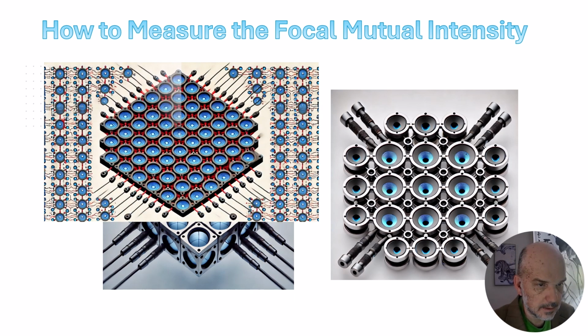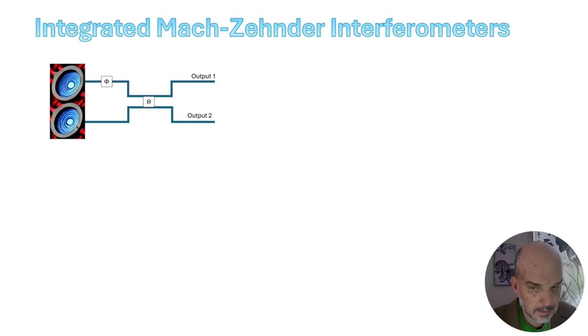Here's yet another version of this kind of non-irradiance detecting array where you're going to detect the field and then, using some kind of interconnectivity like this, a Mach-Zehnder interferometer, interfere adjacent pixels with variable mixture coefficients and variable relative phases. This kind of integrated interferometer has a lot of precedence.